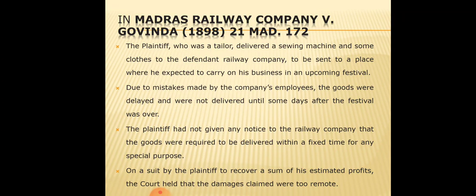The plaintiff had not given any notice to the railway company that the goods were required to be delivered within a fixed time for any special purpose. On a suit by the plaintiff to recover a sum of his estimated profits, the court held that the damages claimed were too remote. So this case is about remoteness of damages.